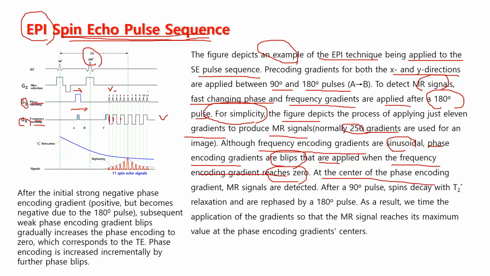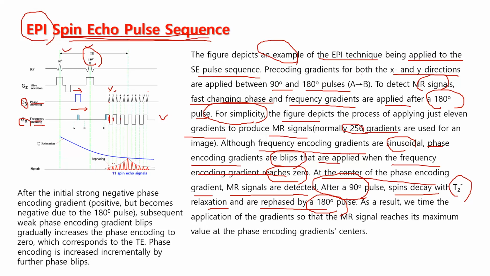At the center of the phase encoding gradient, MR signals are detected. So here, at the center of the phase encoding gradient, the signal is detected, always at the same position. After the 90-degree pulse, spins decay with T2 star relaxation and are refocused by the 180-degree pulse.